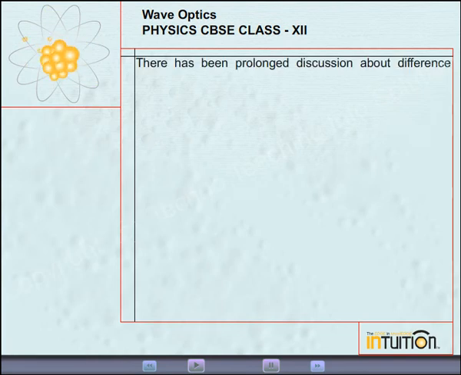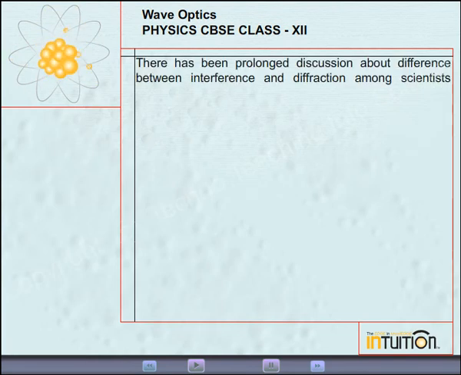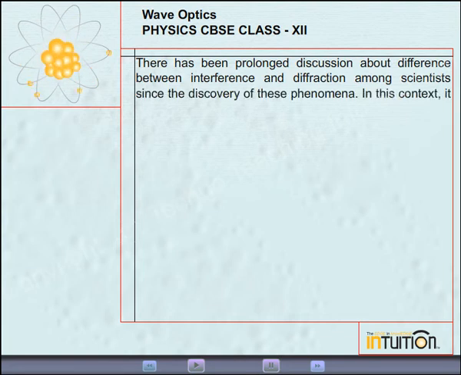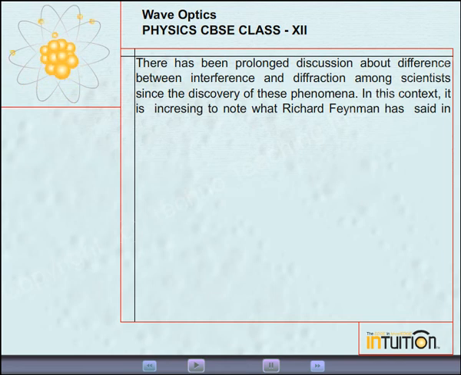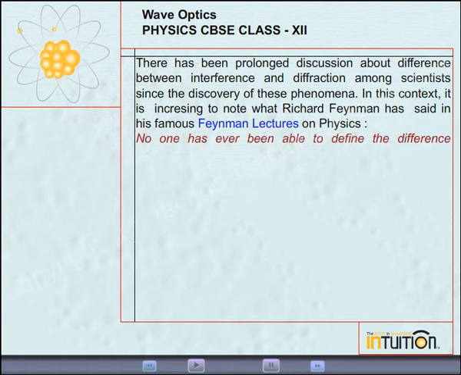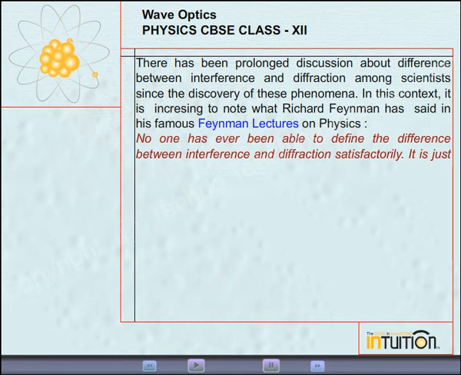There has been prolonged discussion about the difference between interference and diffraction among scientists since the discovery of this phenomenon. In this context, it is interesting to know that Richard Feynman had said in his famous Feynman Lectures on Physics, "No one has ever been able to define the difference between interference and diffraction satisfactorily.